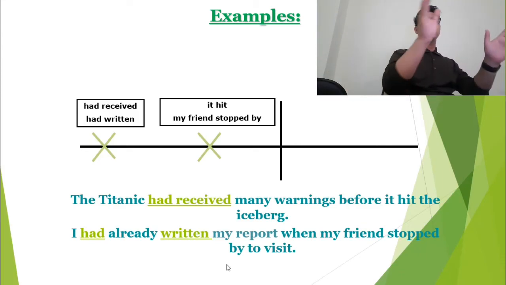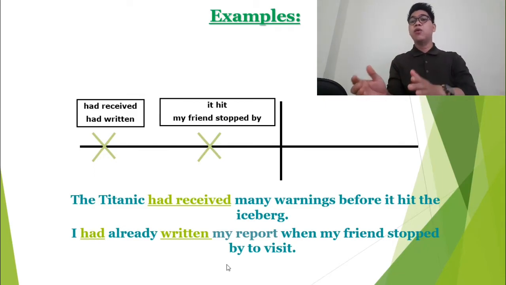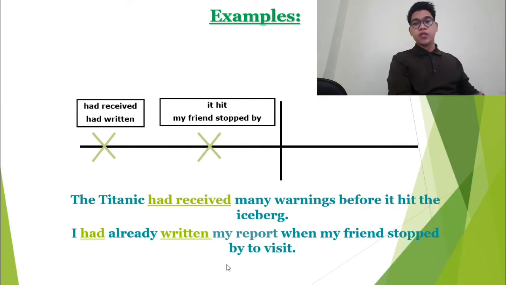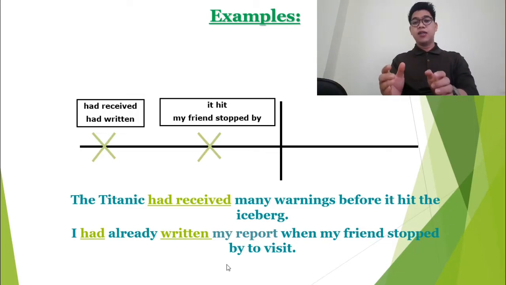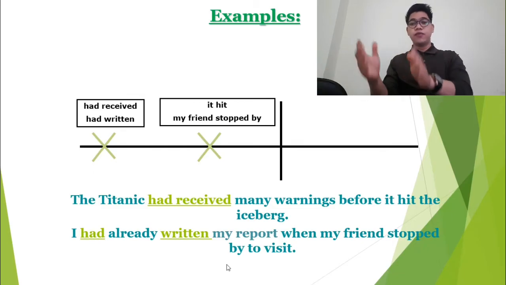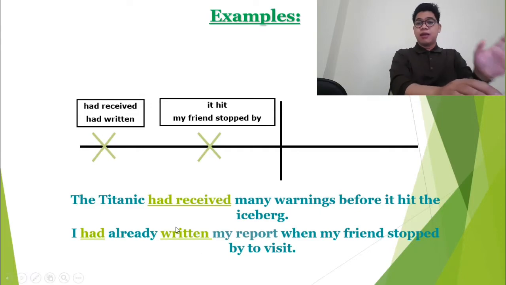So before your friend stopped by to visit, you had finished your report. We use the past perfect to explain that you had done your report, your writing. Okay, is it clear?